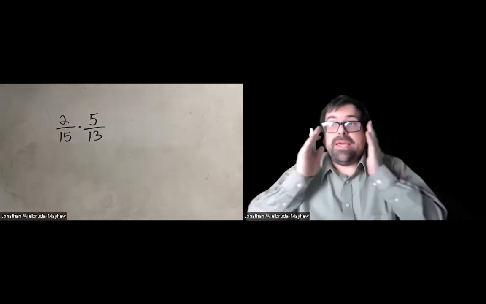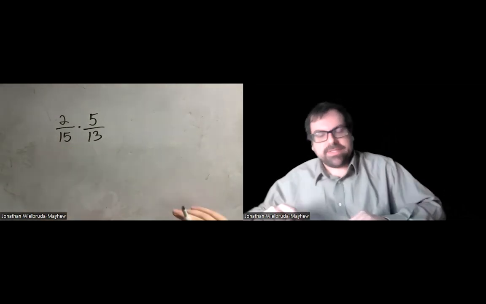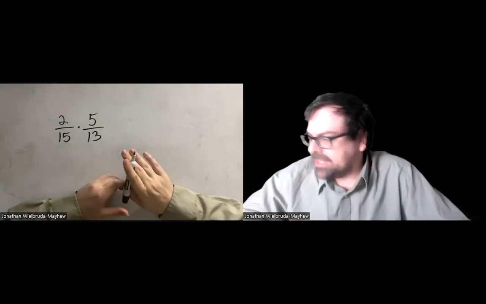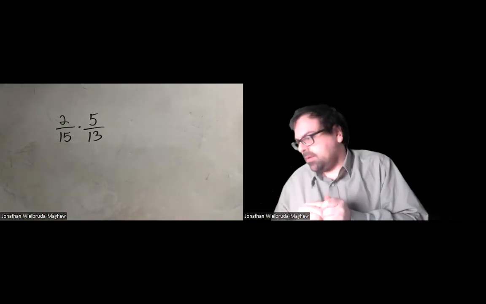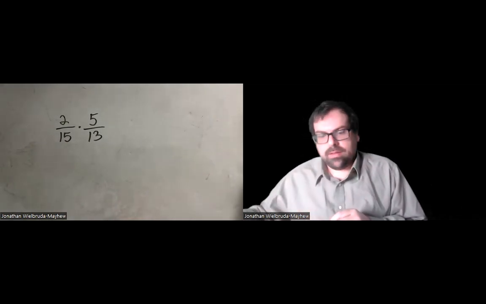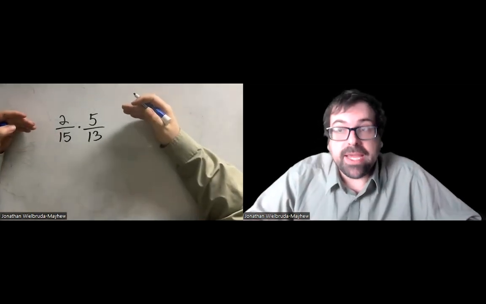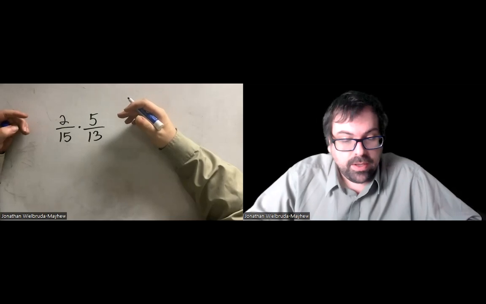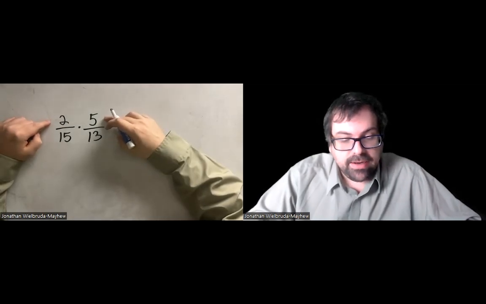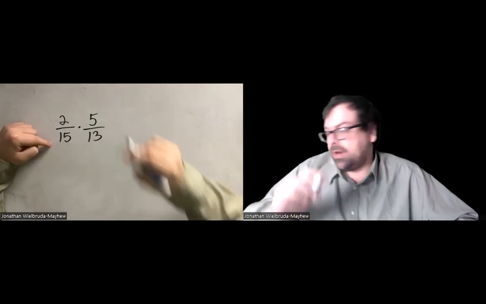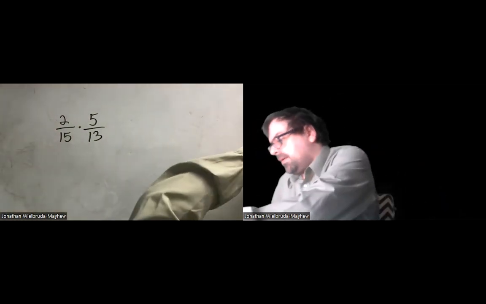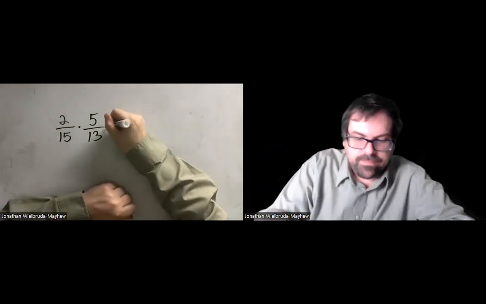Now this one has a big multiplication in it, 15 times 13. But there is a way for us to simplify this before we do the multiplication. We can cancel any number on the top with any number on the bottom. Think of it this way. If we were to multiply, we'd have 2 times 5 over 15 times 13.